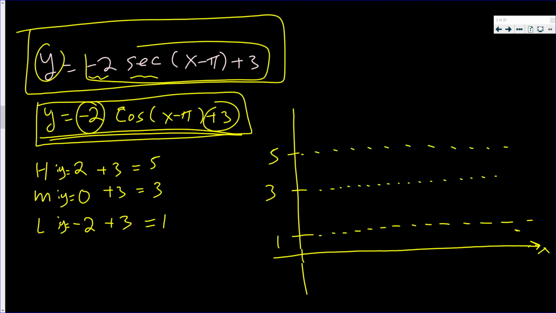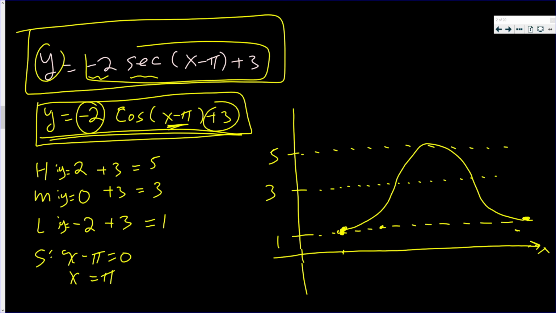And it is a negative cosine graph. So it starts here or here. You decide where it starts. It goes like that. Okay. So where does it start? It starts when the angle is 0. Well, pi minus pi is 0. So it starts at pi.